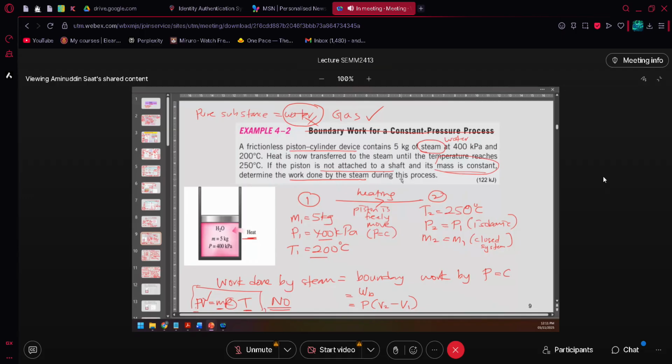Of course, you don't get the volume directly, but from the table properties, you get the specific volume, and then you multiply by mass in order to get the volume. And finally, you multiply the change in the volume with the pressure, and you can get the equivalent boundary work for this particular process. So that is a constant pressure process.